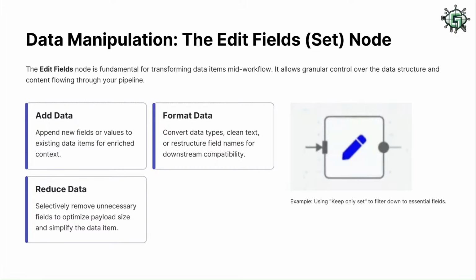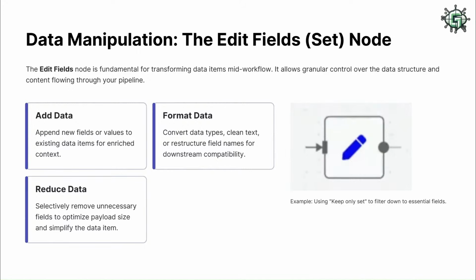Formatting is to clean, convert, and restructure, like rebuilding the type. Reduce data is removing unnecessary fields, keeping only what is useful. For example, keep only set to filter down to essential fields.